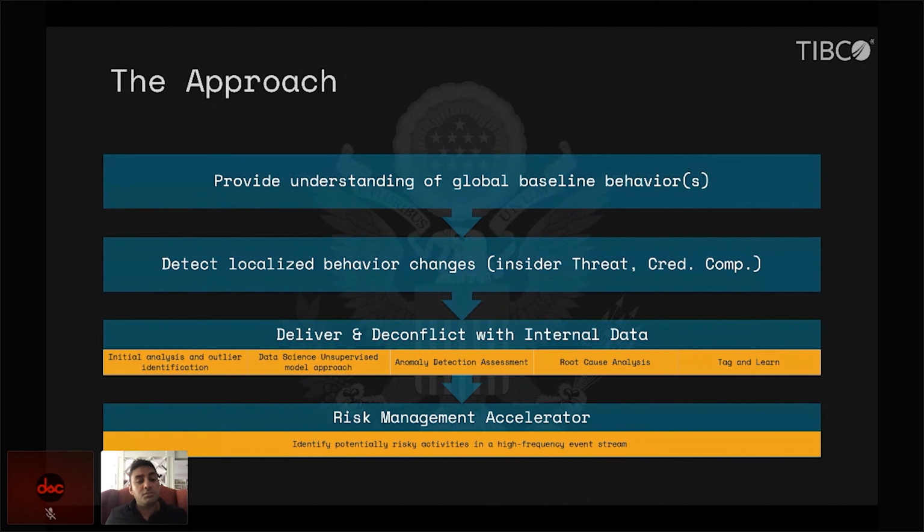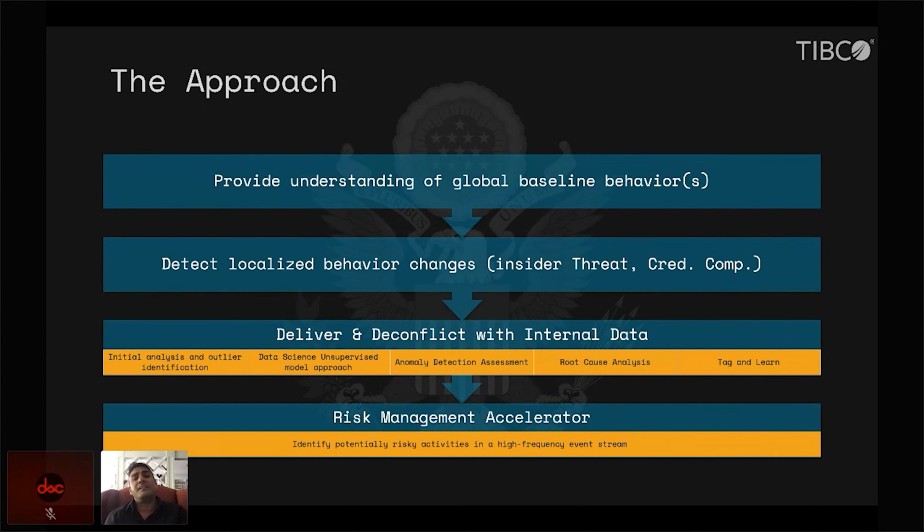So the approach is quite similar in the sense of providing an understanding of a global baseline, detect and localize behavior changes, not only from insider threat, but in this case, from external global events, deliver and deconflict, once again, an unsupervised data model.